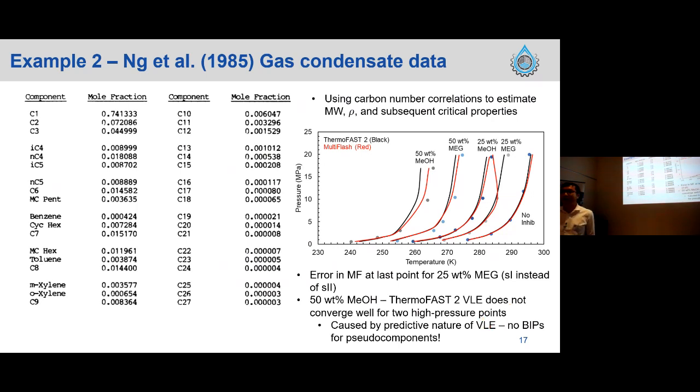Multi-flash has some method of generating the binary interaction parameters needed for these acidic components with the water and the MEG and methanol, but we currently don't have that implementation. Even without those improvements, in our preliminary work in trying to model these complex fluids, ThermoFAST 2 is performing quite well.